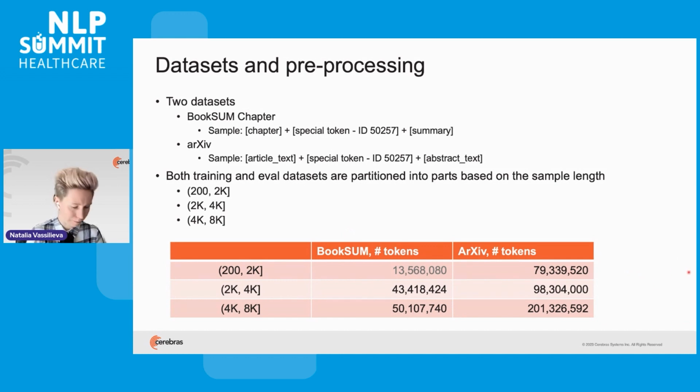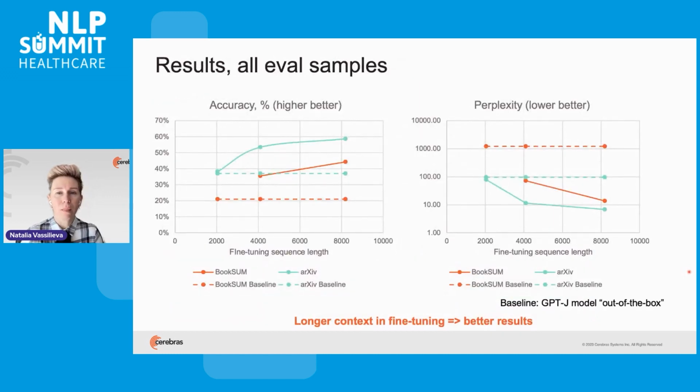So what did we get from all of those experiments? To get a sense of how we are doing, we measured accuracy and perplexity on held-out evaluation partitions of the summarization datasets. On this plot, we show the relative performance of our fine-tuned models with respect to the baseline. The baseline here is the out-of-the-box GPT-J model, and we measure how well it can do on summarization datasets.